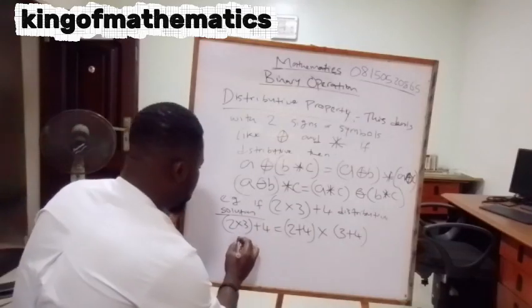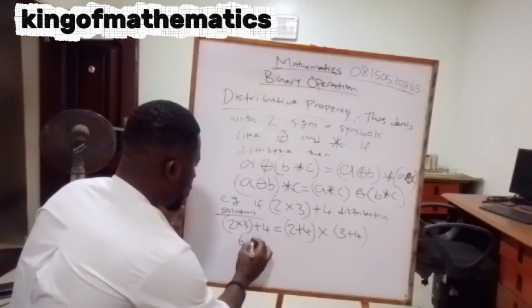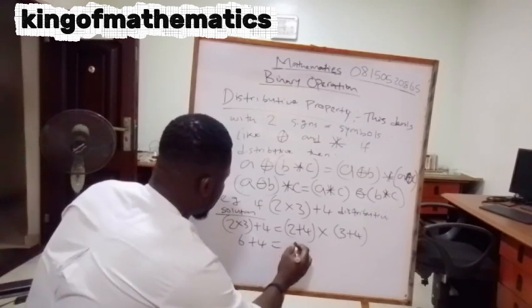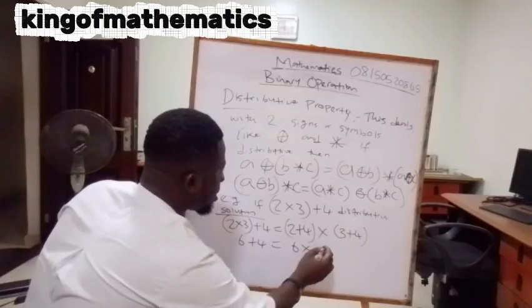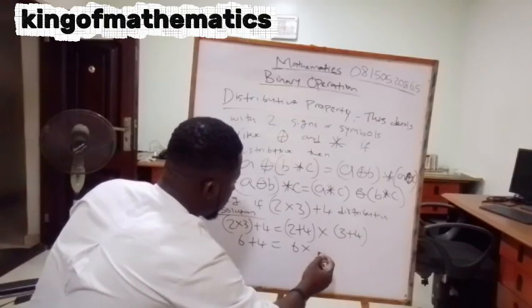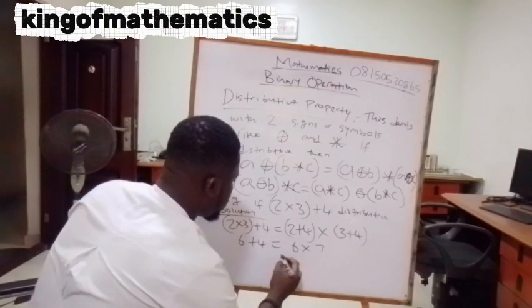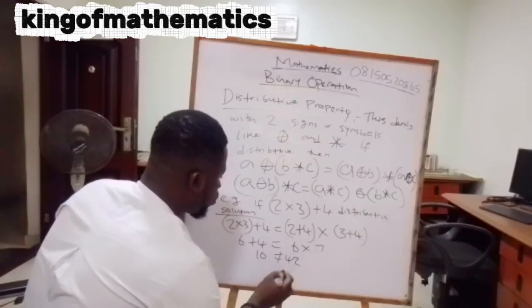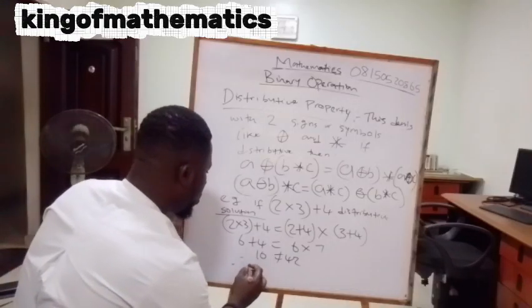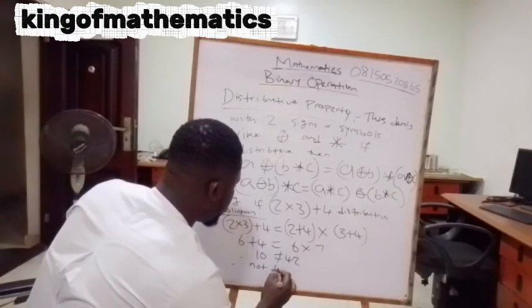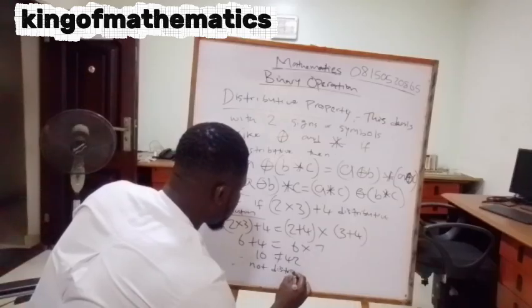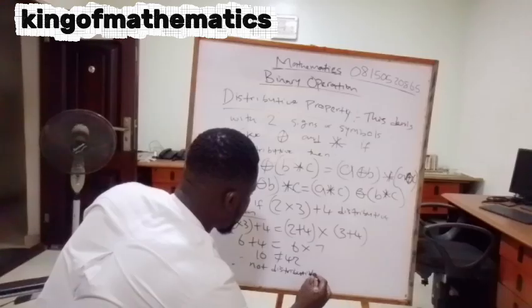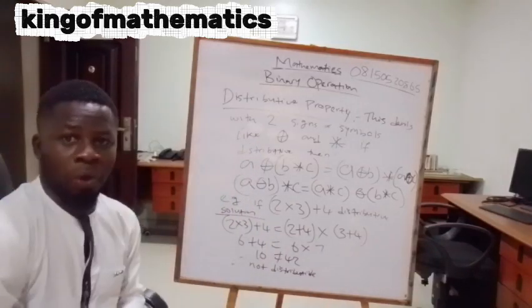Don't forget, the operation outside, that's A operation C. So what's 2 times 3? That's 6 plus 4, equal to 2 times 3 plus 4 times 3 plus 4. 3 plus 4 will give us 7. This will give us 42, and this one will give us 10. 10 is not equal to 42, therefore not distributive. That will be your answer.